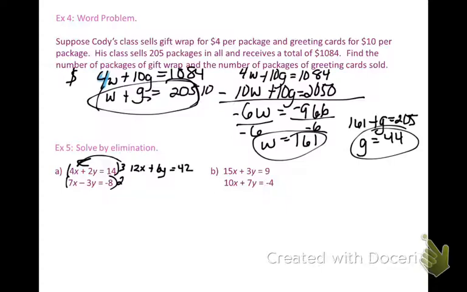And then I have 14x minus 6y equals negative 16.